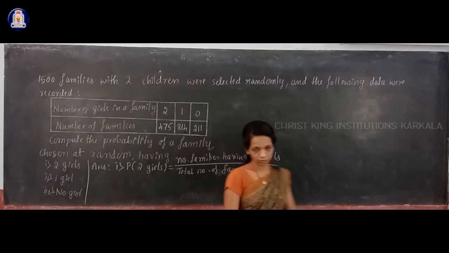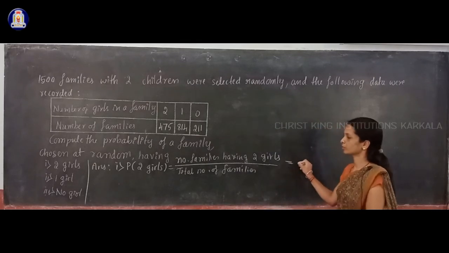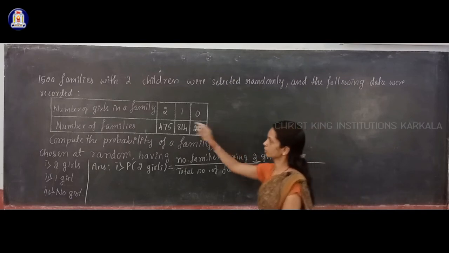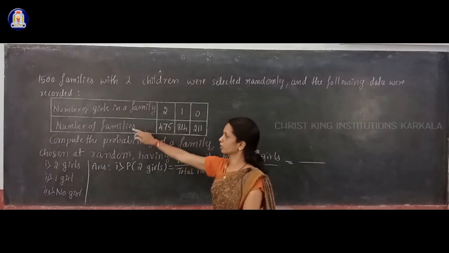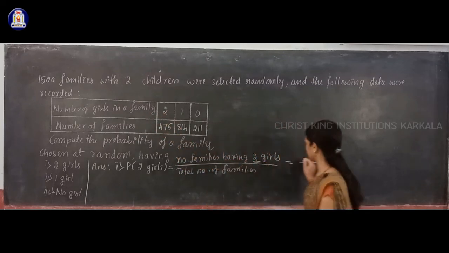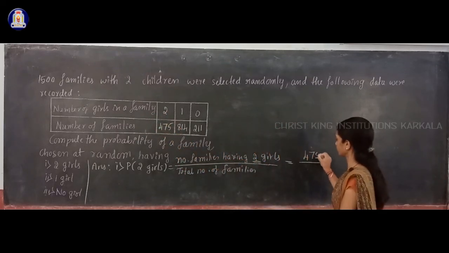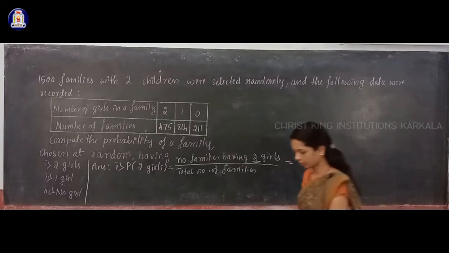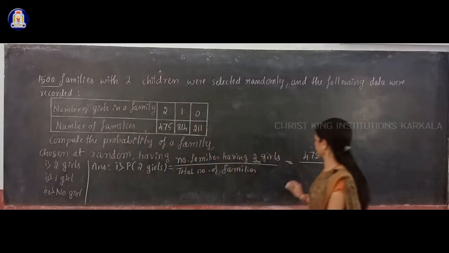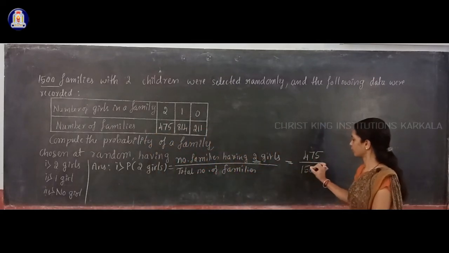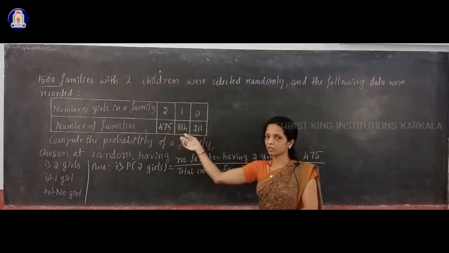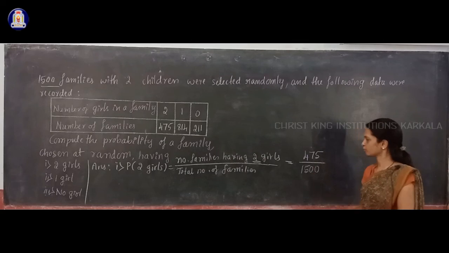That is equal to, now see the table and write the numerator and denominator. In how many families do you have 2 girls? In 475 families. So that is 475 dividing by the total number of families, given in the beginning, that is 1500. If it is not given, you just take the total of these families and you will get 1500.